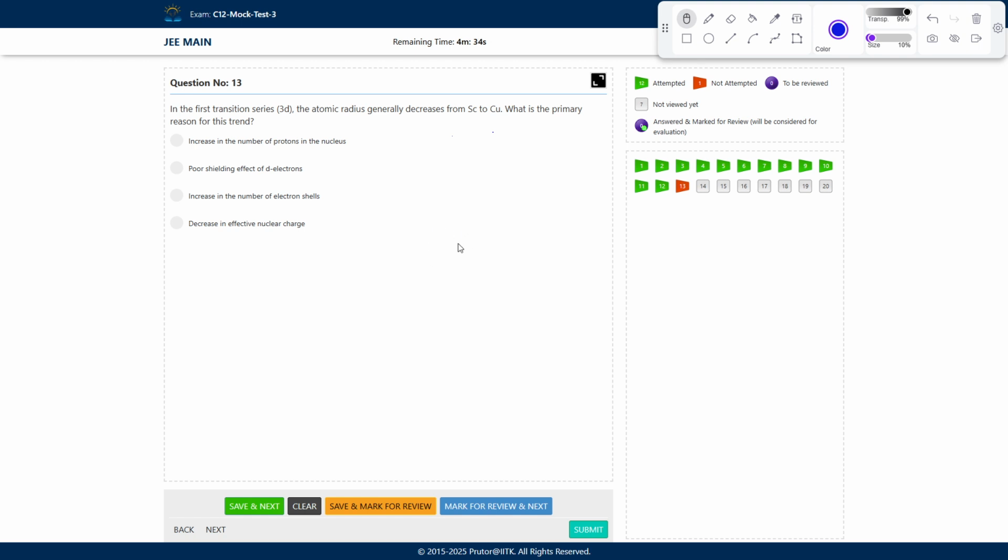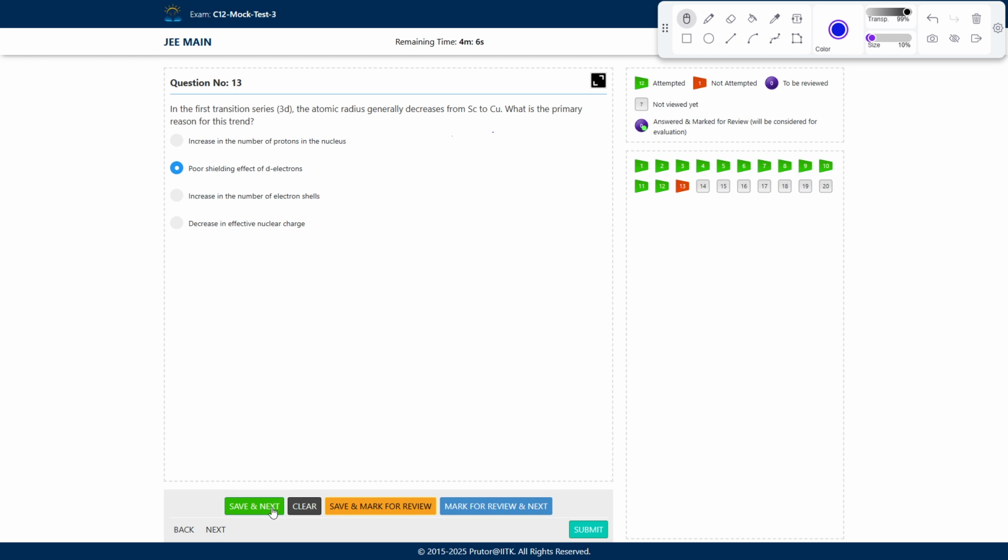Okay, so d electrons shield the outer electron poorly, and due to which the contraction in the radii happens. So that is why there is generally a decrease in the atomic radius in the 3D series from scandium to copper observed. So our correct answer is going to be option B, that is poor shielding effect shown by the d electrons.